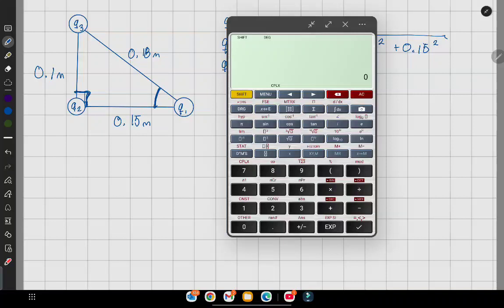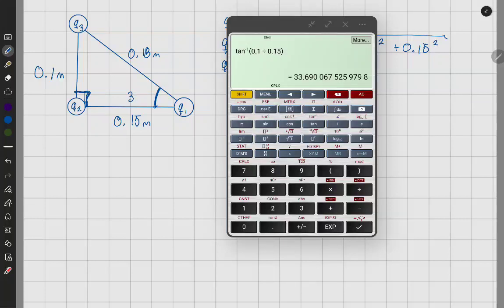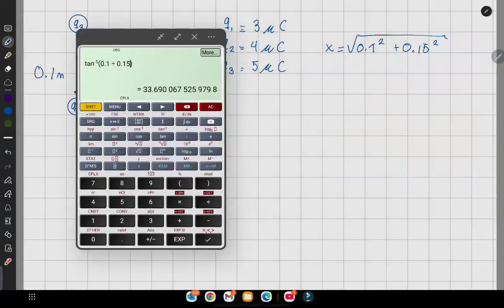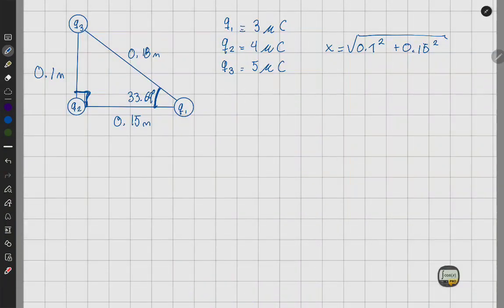Okay, and then with this distance in here, you can also calculate the angle, so you can take that opportunity. Shift and tangent, the inverse of the tangent, 0.1 over 0.15, so 33.69 degrees. Okay, so that's the angle. And then at first you need to calculate the force.